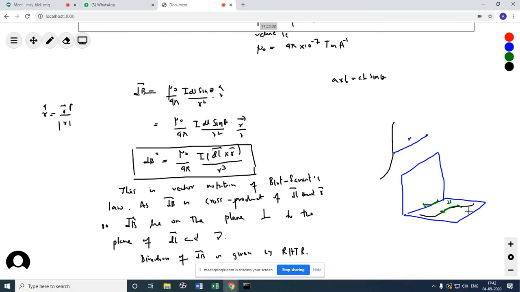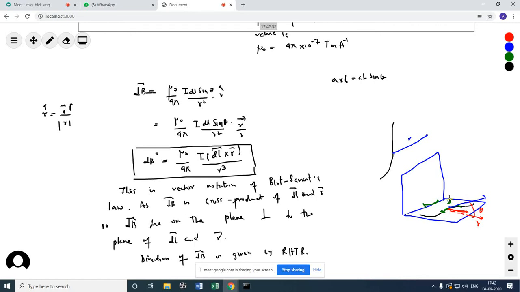Let's say this is the observation point P. So here is our r. So clearly you can see this is the dl vector, and from here to here is the r vector. This is the angle theta between them.